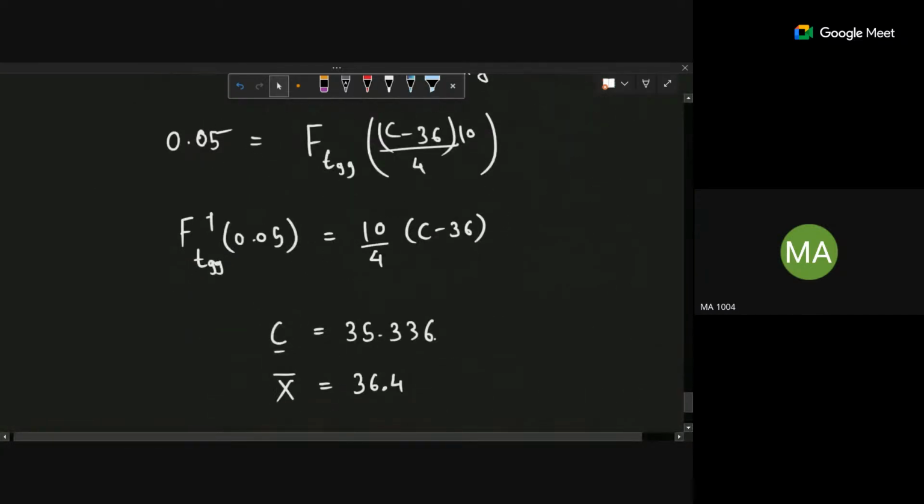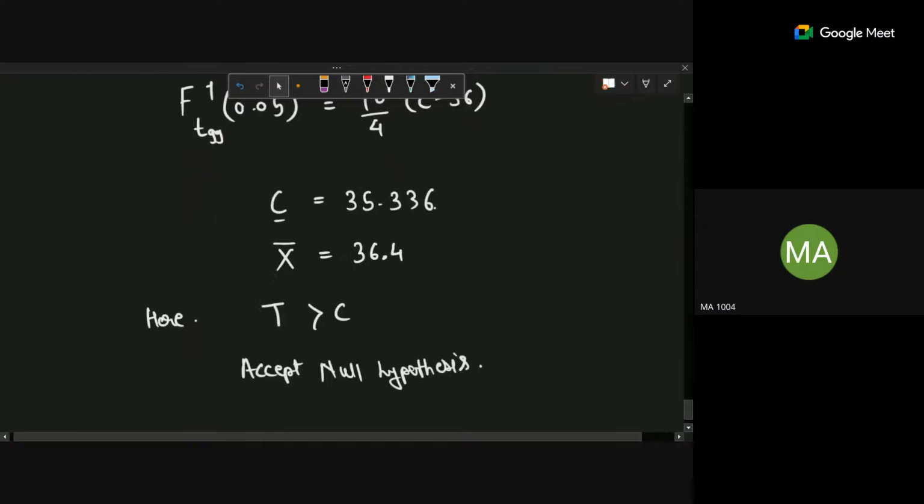On the basis of the value of c and the given sample, we decide whether to accept or reject the null hypothesis. Okay. Is there any doubt regarding this question or any of them?